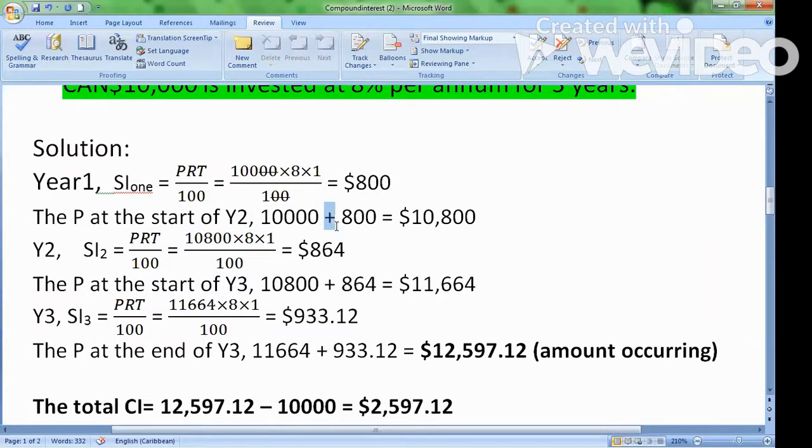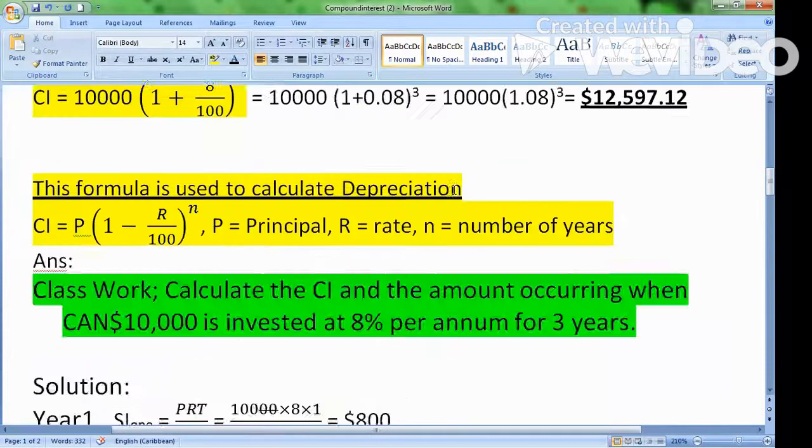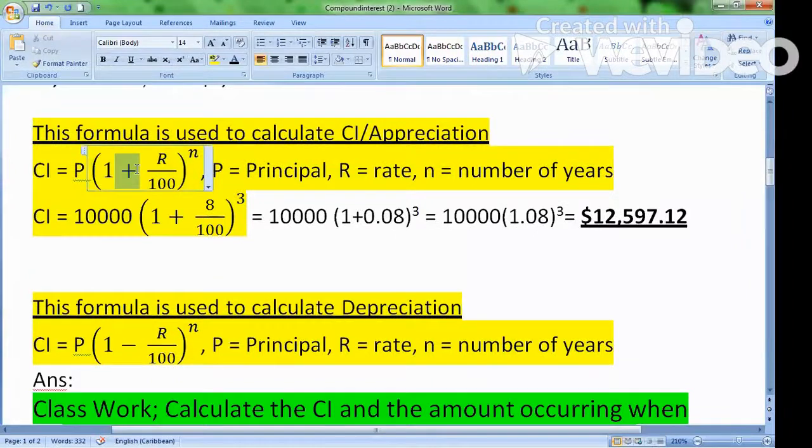If it was something that goes down, like the value of a car, which goes down every year, you wouldn't add, you would take away. It's the same thing, but all you need to do is look out for the connecting words: appreciation or depreciation. So the book value of a car will go down, and in the formula, you'd subtract right there.